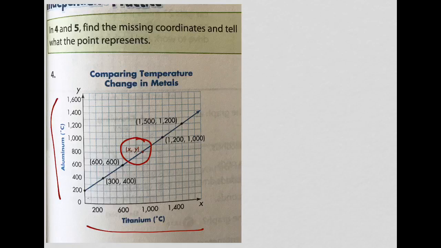And this is definitely not counting by 1 because it goes up to 1,600. So we need to look at what is the scale of our coordinate grid. So I see here's 0, here's 200, so then this would be 300, 400, 500, 600, 700, 800, 900, 1,000, 1,100, 1,200, 1,300, 1,400.